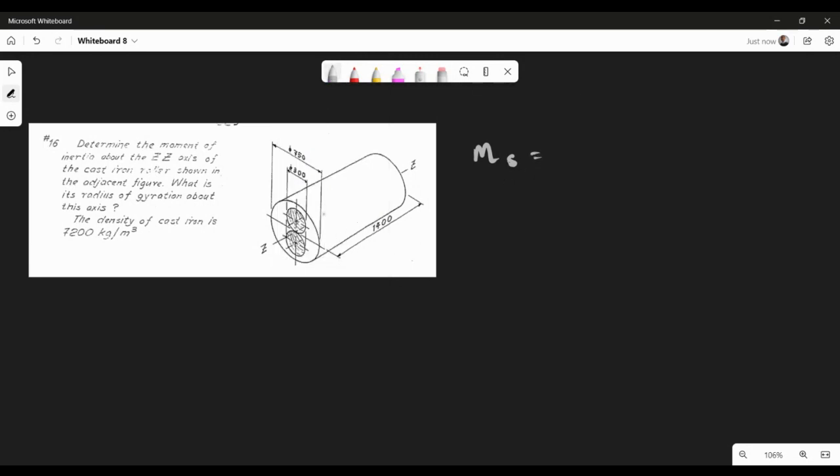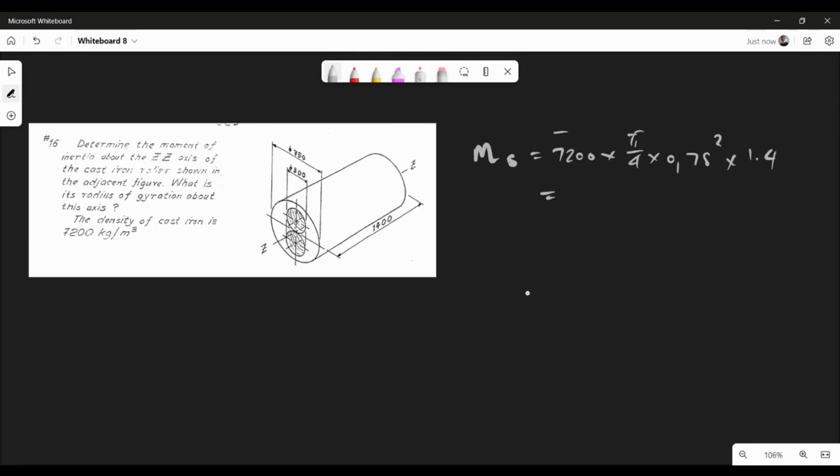So that's fairly easy. It's 750 in total. So it's pi times the density, 7,200, times pi over 4 times 0.75 squared times that total length of 1.4. Can someone just give me that mass quickly? And that'll be the solid portion.